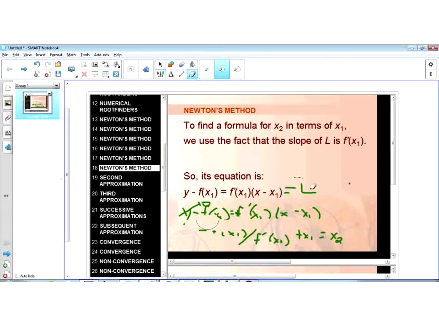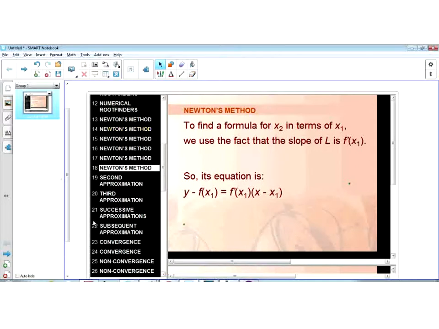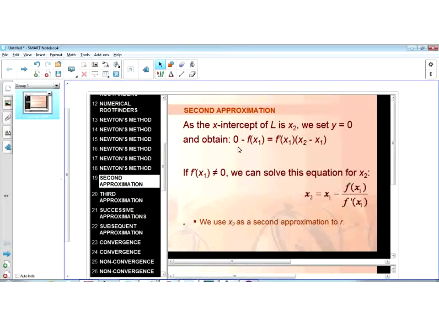And that was easy enough to do. That's probably shown on the next slide. As you can see, they set y equal to 0, and then they solve for x2 just like we did. So here's the x-intercept, and we can use x2 as the second approximation to r.